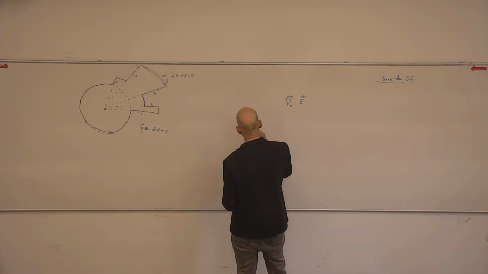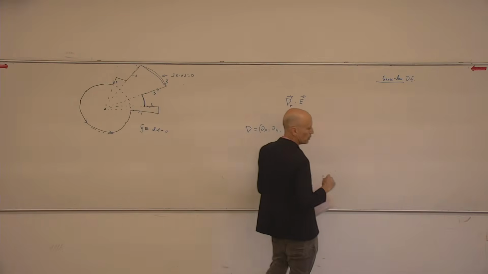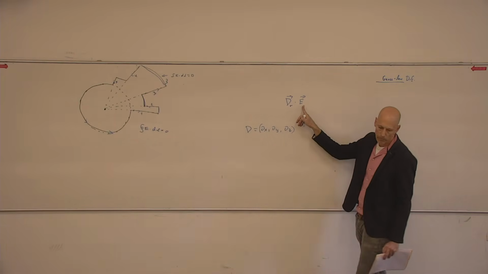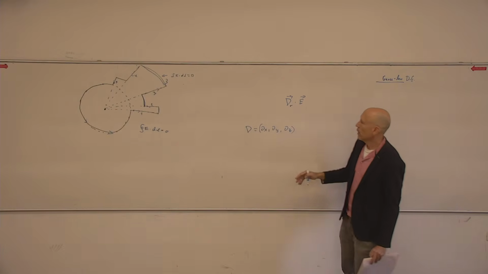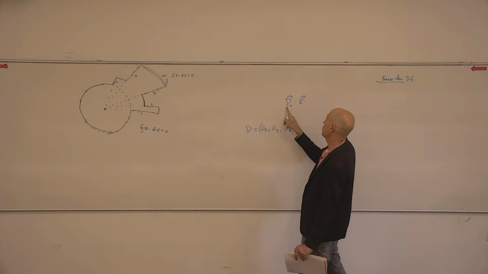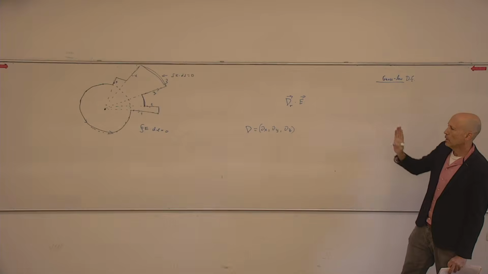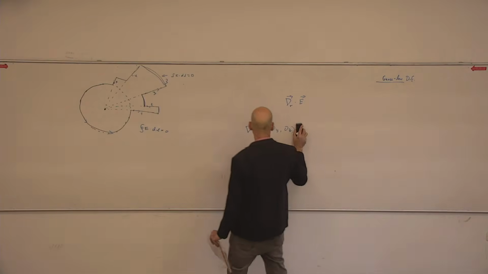The nabla in general is d/dx, d/dy, d/dz. I'm sure most of you know this. And then I'm operating on this electric field with this operator. So each component, d/dx of Ex, d/dy of Ey, etc.